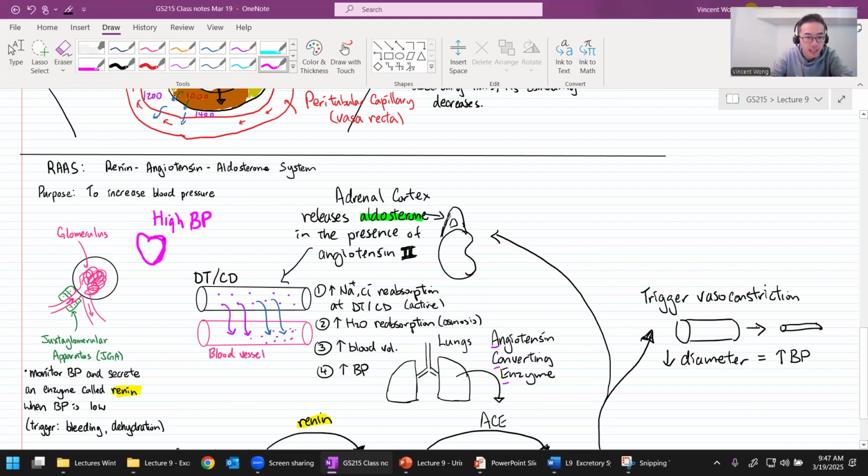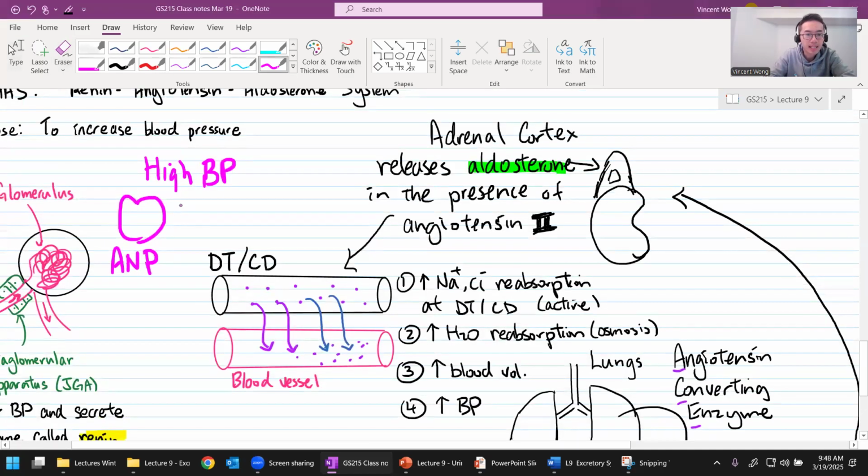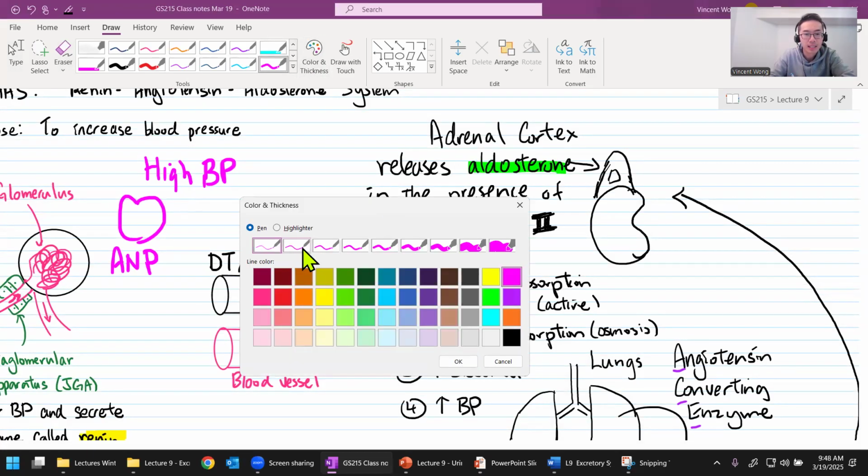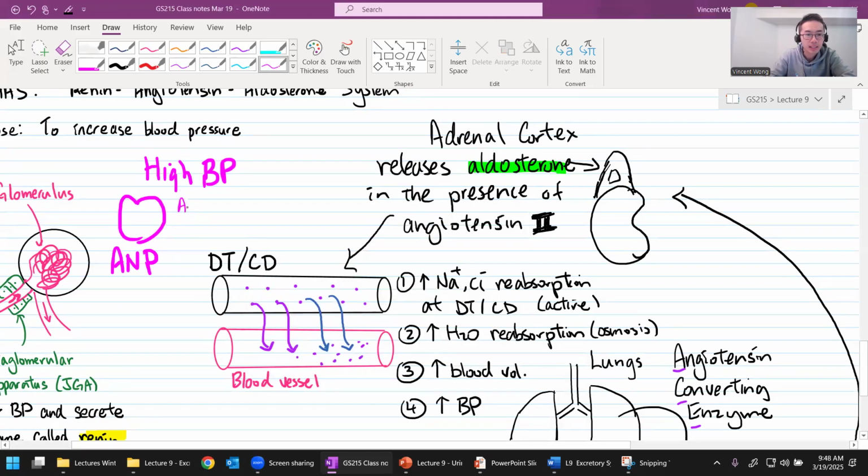is actually going to release another enzyme. Oh my goodness, I can't draw the heart. The heart is going to release, not an enzyme, a hormone, called the ANP. Okay, ANP. So ANP stands for anti natriuretic protein or peptide.